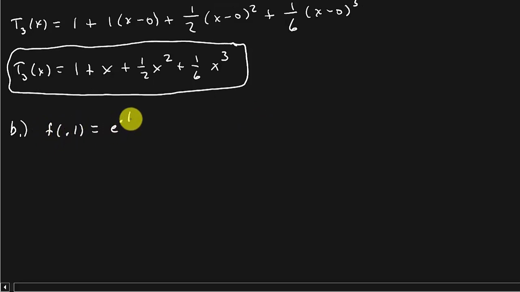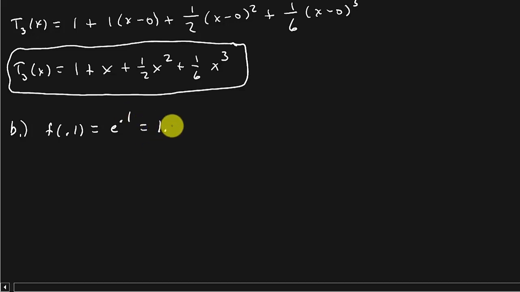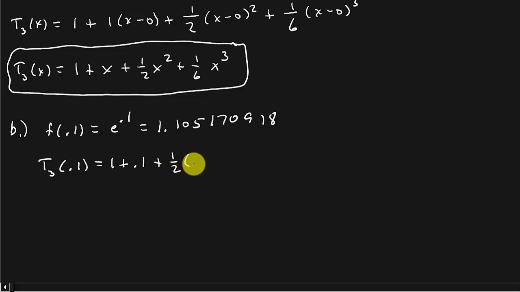And when we punch that into our calculator, we get 1.105170918. And then when we evaluate our Taylor polynomial at 0.1, that's 1 plus 0.1 plus 1/2 times 0.1 squared plus 1/6 times 0.1 cubed. And let's see what we get there.